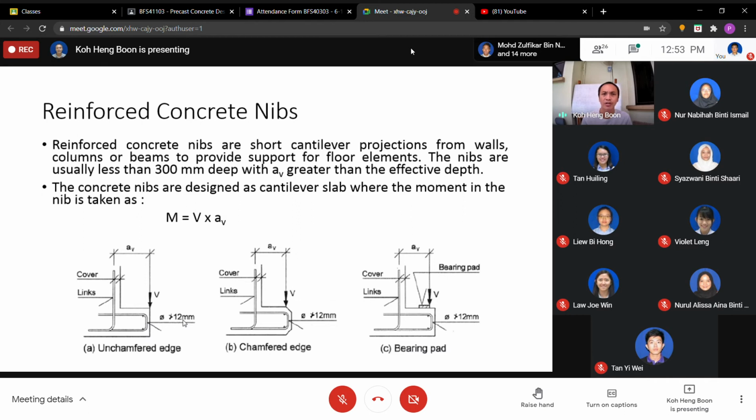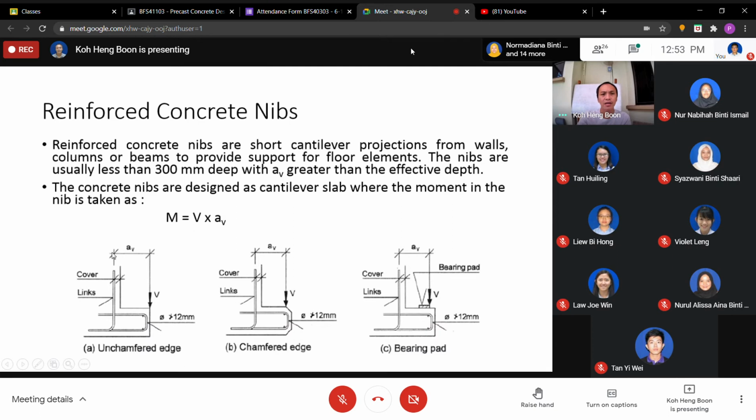But the difference here is the AV. The AV we take into account here is to the inner vertical reinforcement of the wall or of the column, if the nib is projected from the reinforced concrete wall or from the reinforced concrete column.